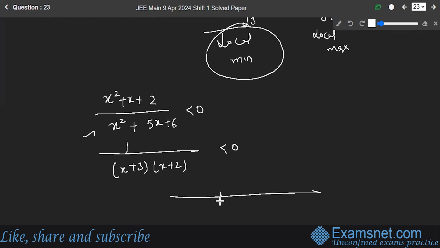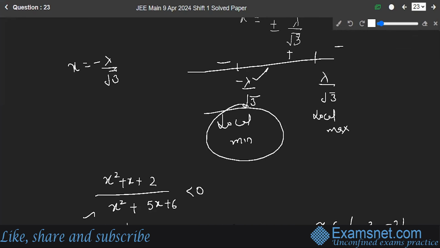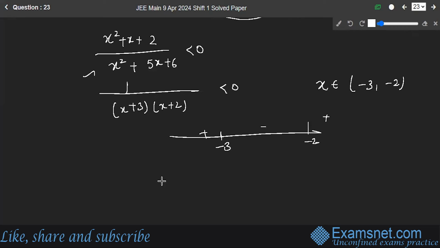So these are the two breaking points, −3 and −2. This is negative, positive, and positive over here. So from here, x belongs to between −3 and −2.